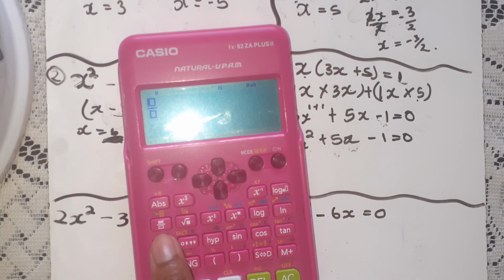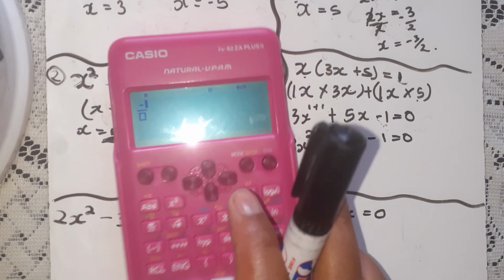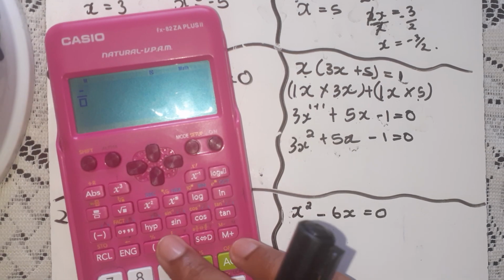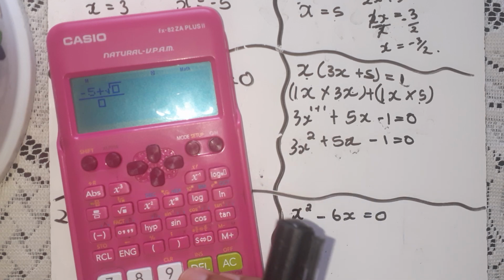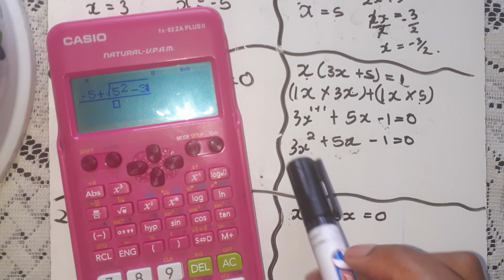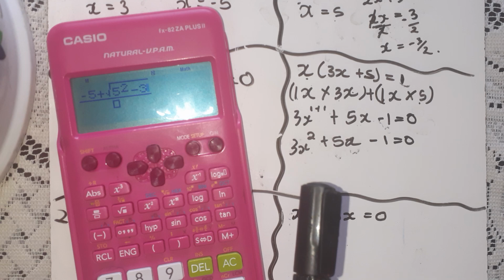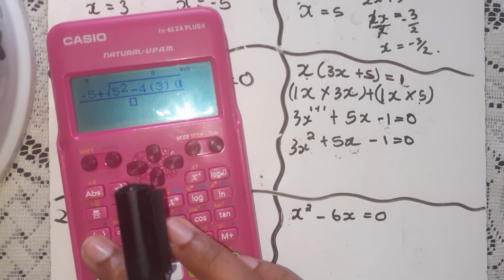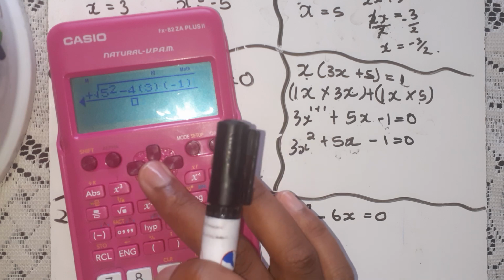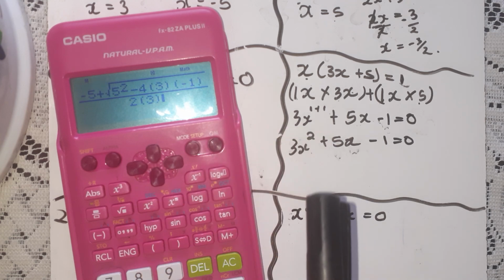So I will say negative 5, this b is positive, plus or minus 5 squared minus 4 into 3, and then this negative 1, and then there's 2 into 3 at the bottom.